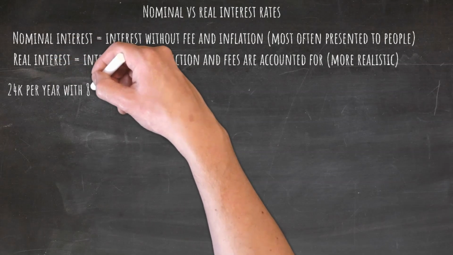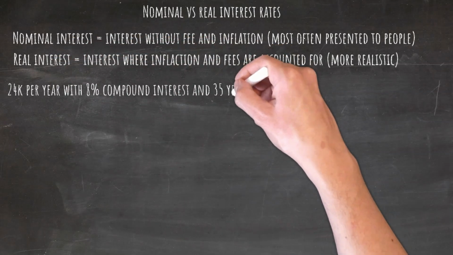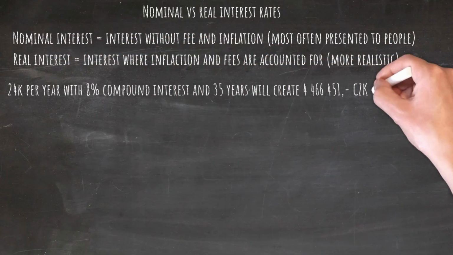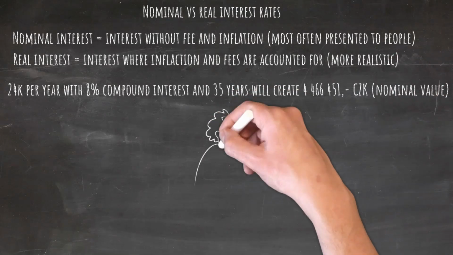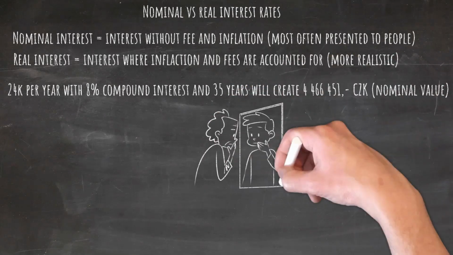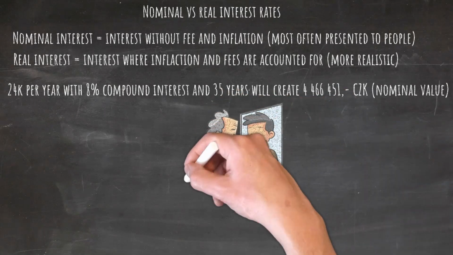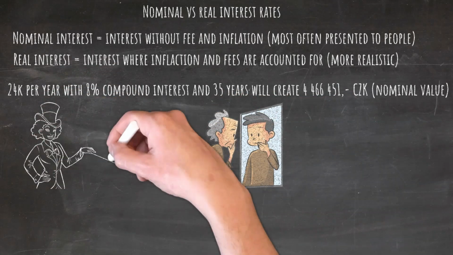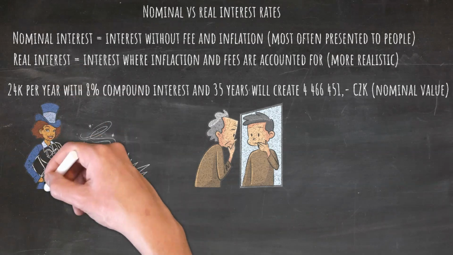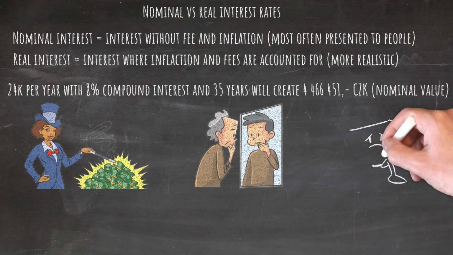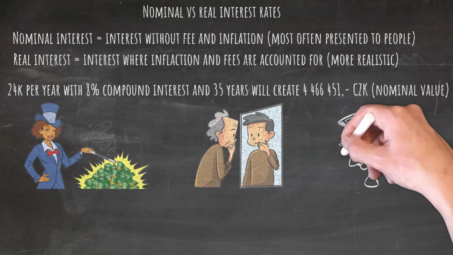If we save 24k per year with 8% compound interest over 35 years, then it will create 4,466,451, which is the nominal value in Czech crowns. On the other hand, if we are smart, then we know we have to take into account inflation.